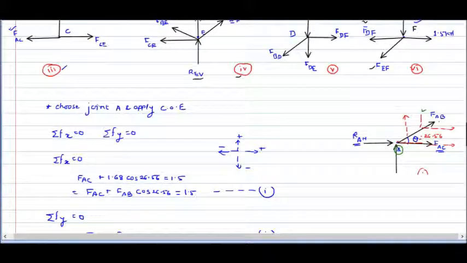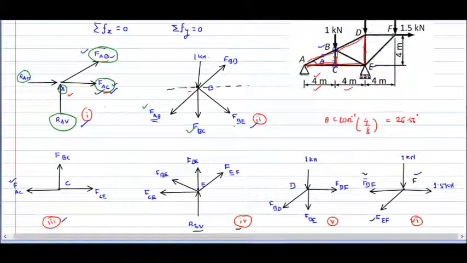So now only two unknowns are there, force in member BD and force in member BE. So we can choose this point also, as there are two unknowns.